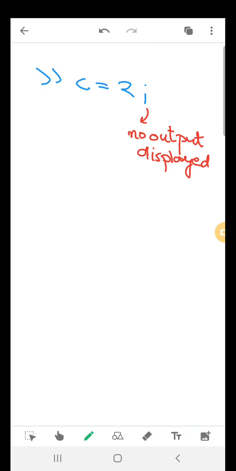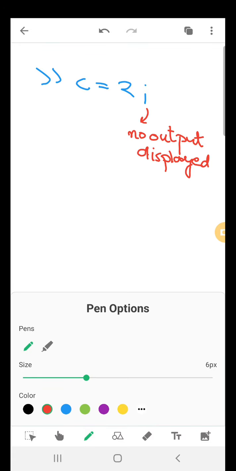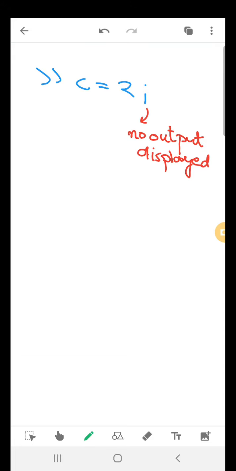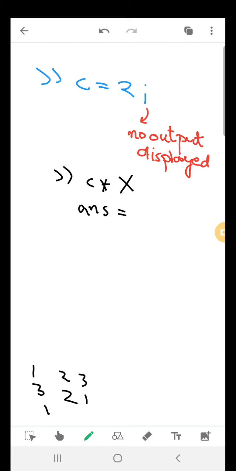Now we have assigned the value to a number C, and if we multiply C with the matrix that we initially assigned, then every element of that matrix will be multiplied by C. That was 1, 2, 3, 3, 2, 1, 1, 3, 2.